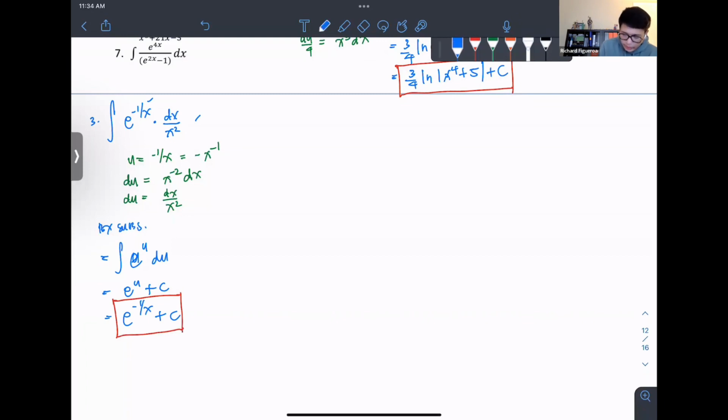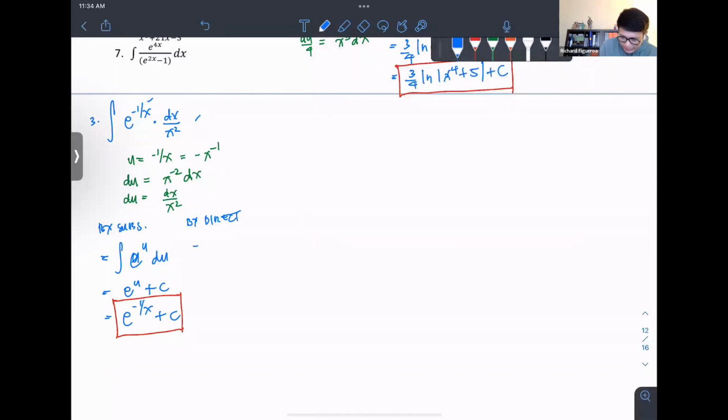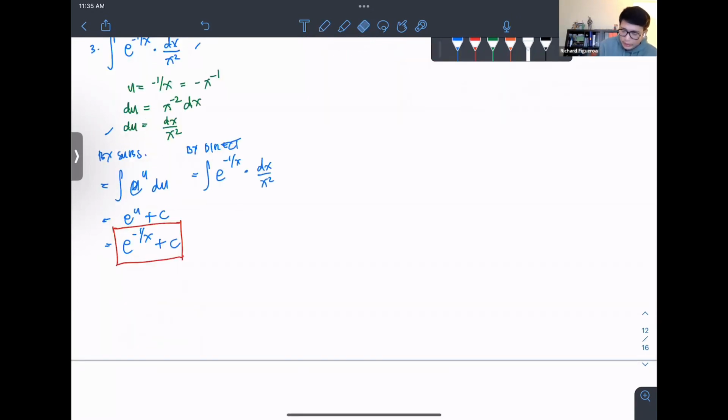By direct method, it's the same as the original integrand. So that is e to the u, where u is negative 1 all over x. The derivative, du, is dx over x squared. Comparing it with the original integrand, it's exactly the same. Therefore, I can use the formula right away: e to the negative 1 all over x plus c.